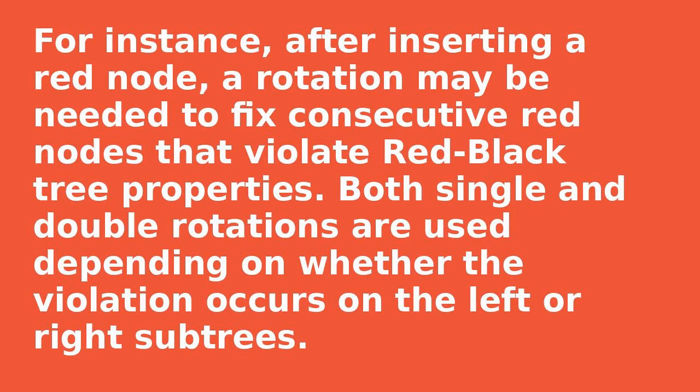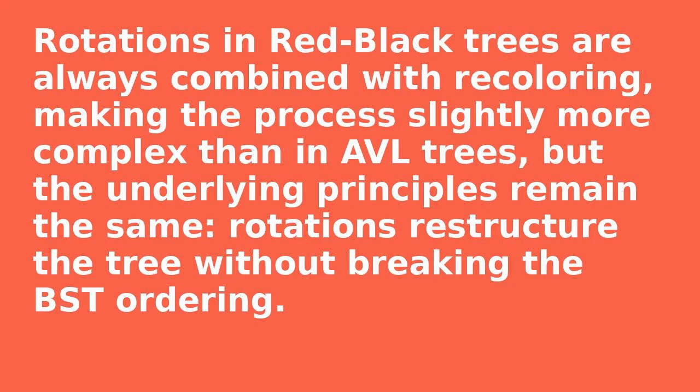For instance, after inserting a red node, a rotation may be needed to fix consecutive red nodes that violate red-black tree properties. Both single and double rotations are used depending on whether the violation occurs on the left or right subtrees. Rotations in red-black trees are always combined with recoloring, making the process slightly more complex than in AVL trees. But the underlying principles remain the same.